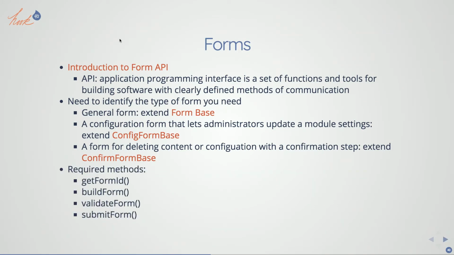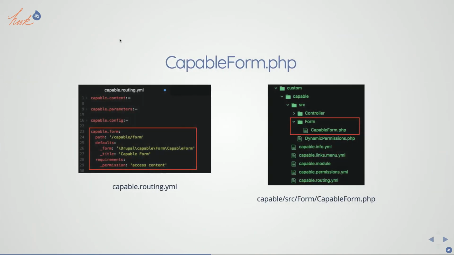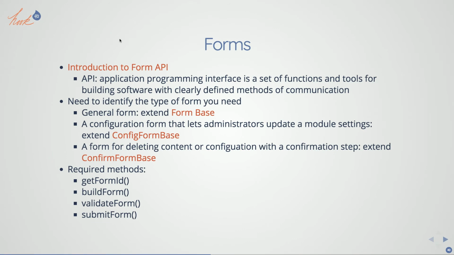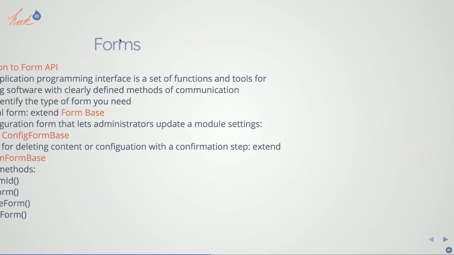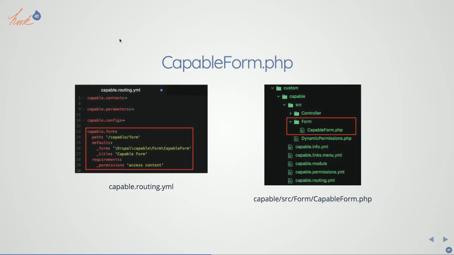And there are 4 required methods that need to go with your form. You need to get the form ID, you need to build the form, you need to validate the form, and you need to submit the form. And all this information is in the form API. So if you want to leverage this, I recommend reading all about the form API. And then here's an example of how to set that up.